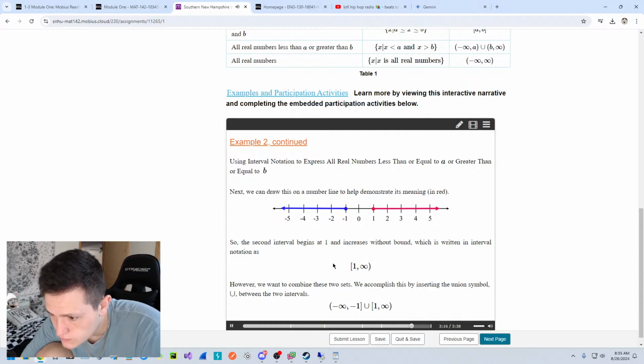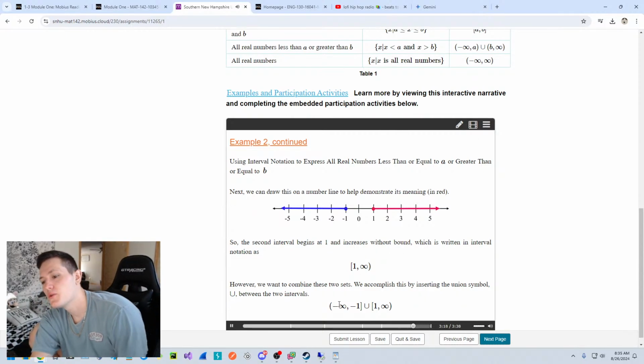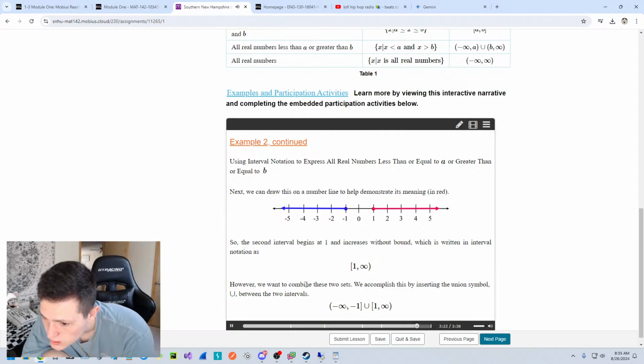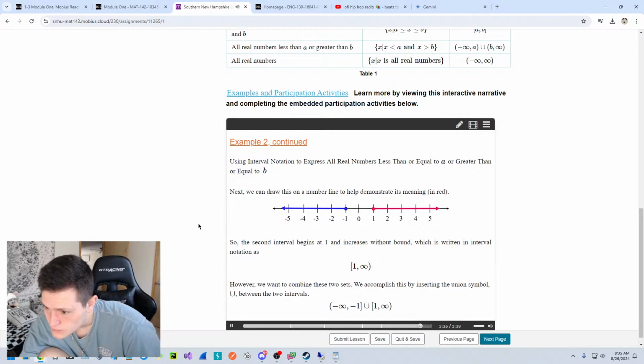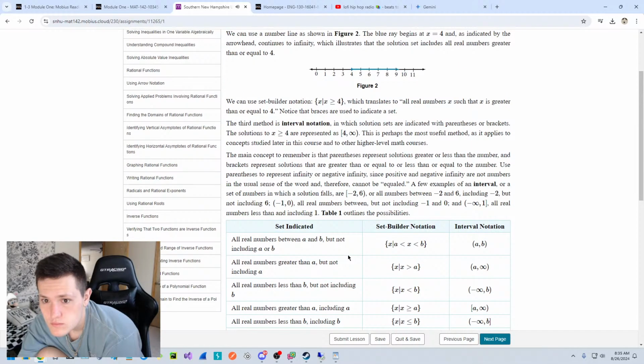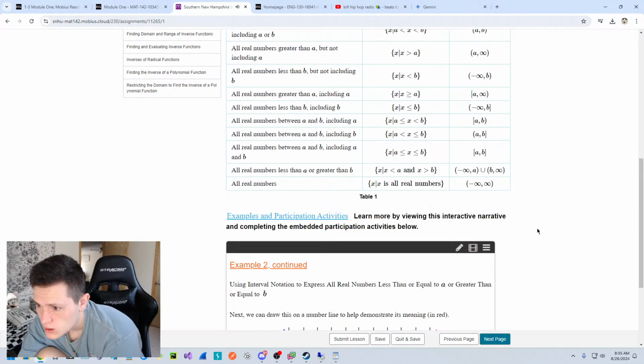However, we want to combine these two sets by inserting the union symbol between the two intervals. So if you want to combine two sets, you have to have a union. That makes sense. Written as parentheses, negative infinity, comma, negative 1, close bracket, union, open bracket, 1, comma, infinity, parentheses.